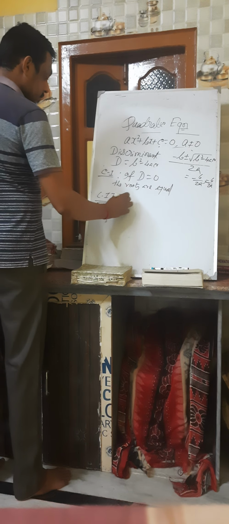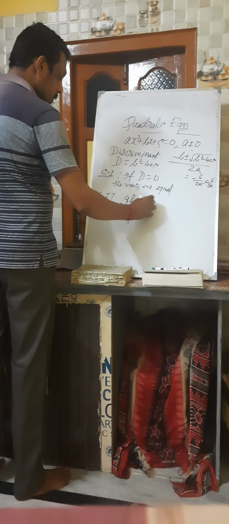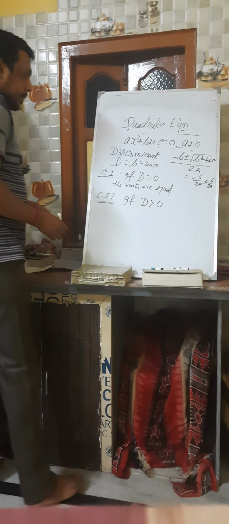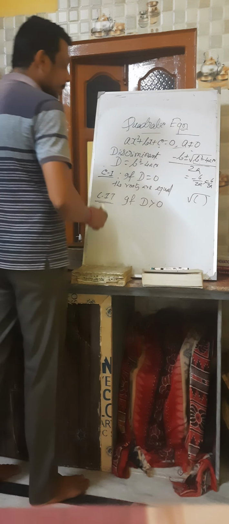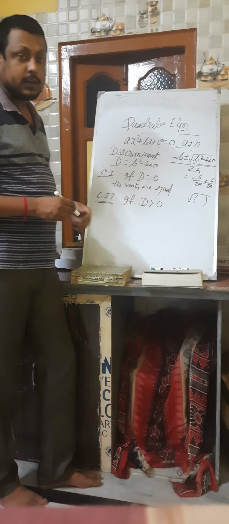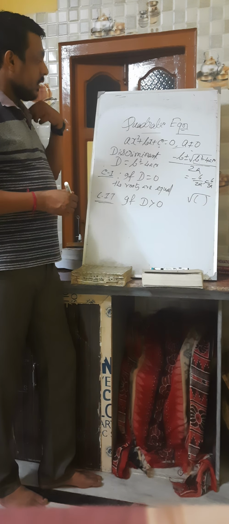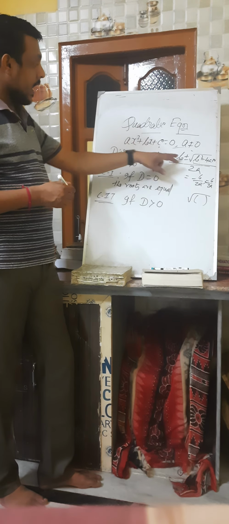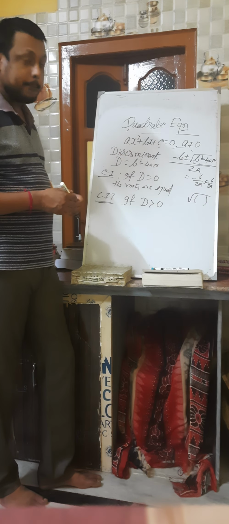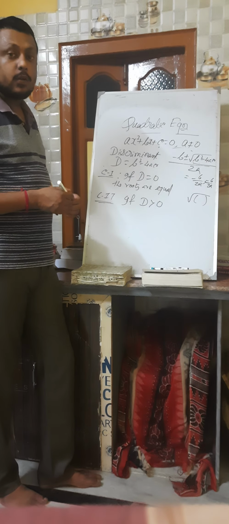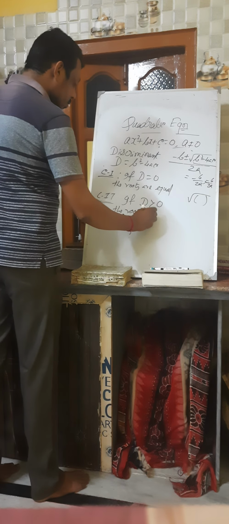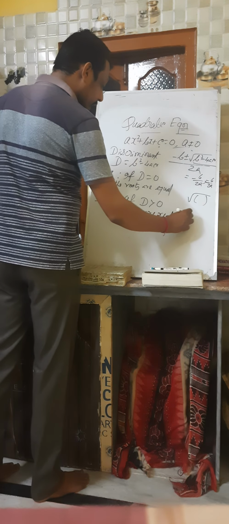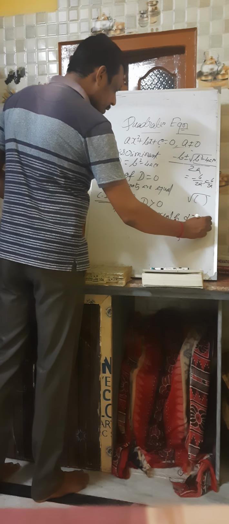Condition 2: if D greater than 0. That means root over a positive number, which again is a positive quantity. That means it is a real quantity, and these are real. So you get the roots are real. So when D greater than 0, the roots are real and distinct.